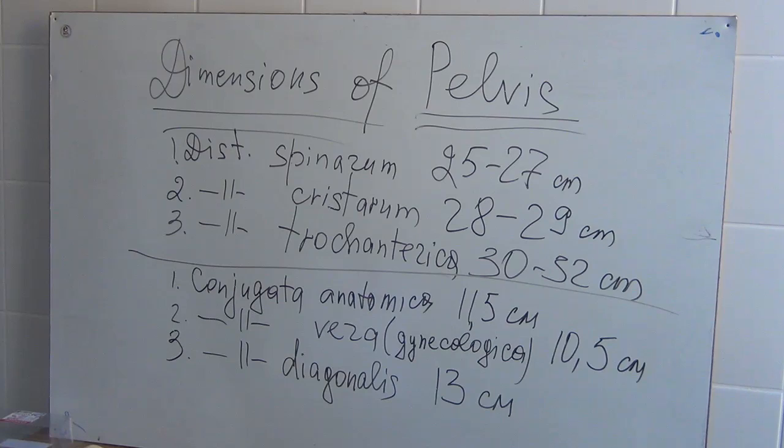How to explain? We can say that these aren't middle measurements, they are minimum measurements, minimum dimensions of the pelvis, and if a woman has dimensions lesser than this, the delivery will not be safe for her.